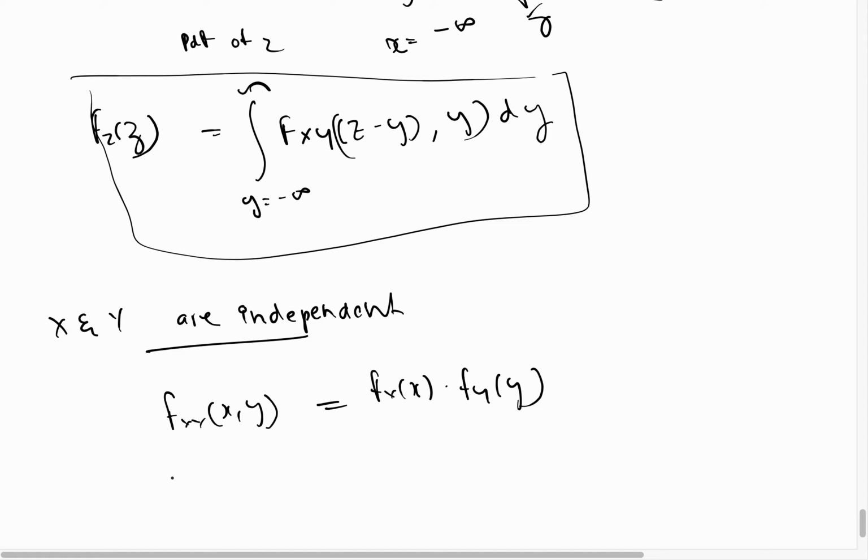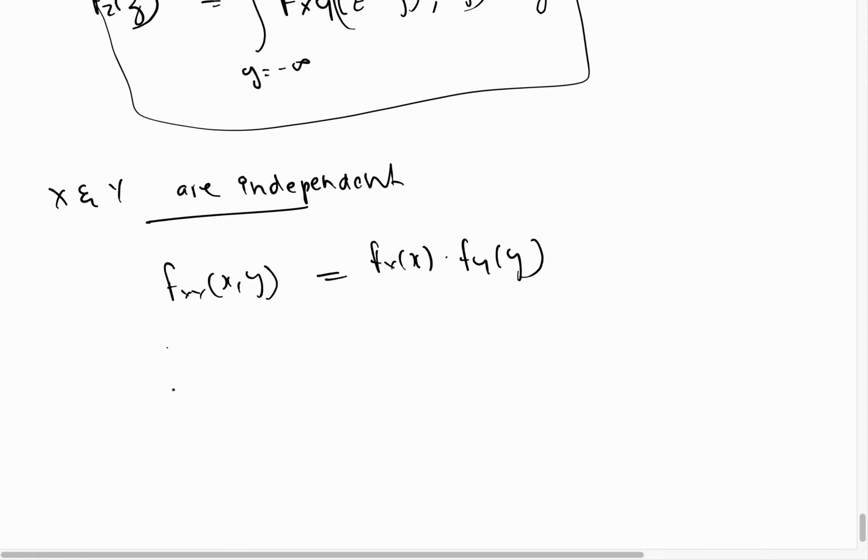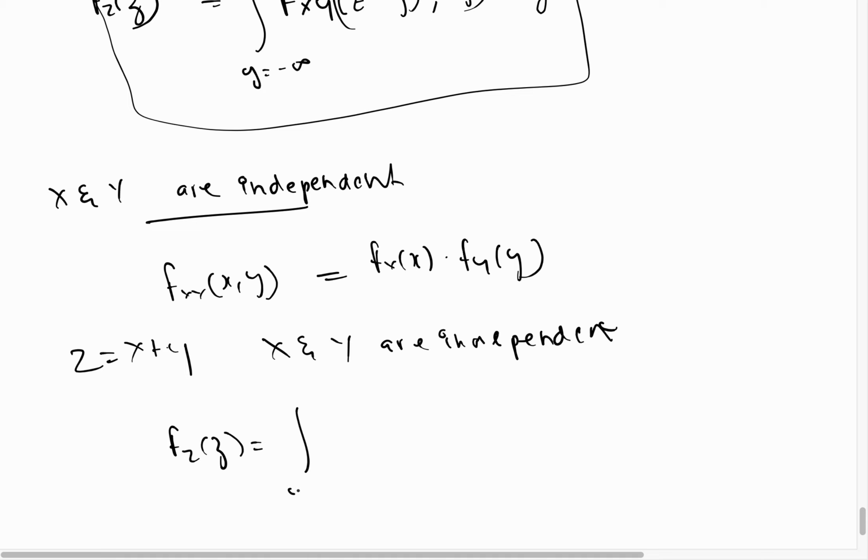So if z is equal to x plus y and x and y are independent, we can write f_Z(z) equal to integration y equal to minus infinity to plus infinity f_X(z minus y) f_Y(y) dy.